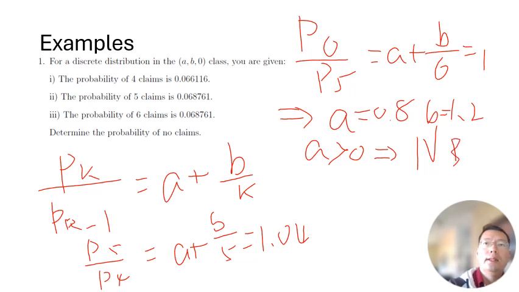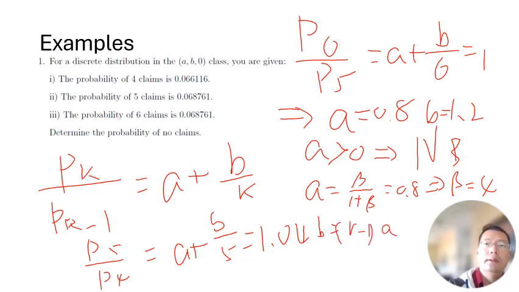In this case, we know a is equal to β over 1 plus β, which is 0.8. So we can get β is equal to 4. And b is equal to (r minus 1) times a, which is 1.2, so we can get r is 2.5.